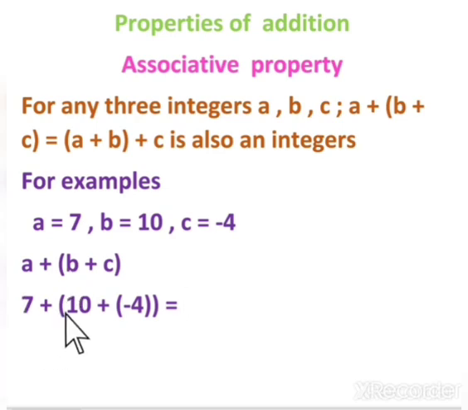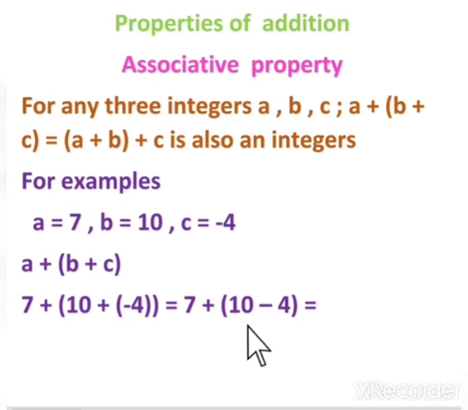7 does not have a bracket, so put the 7, and then plus and then bracket and then number 10 and then listen here, plus into minus is minus, isn't it? So minus and the number is 4. The bracket closed. First we will finish the bracket.